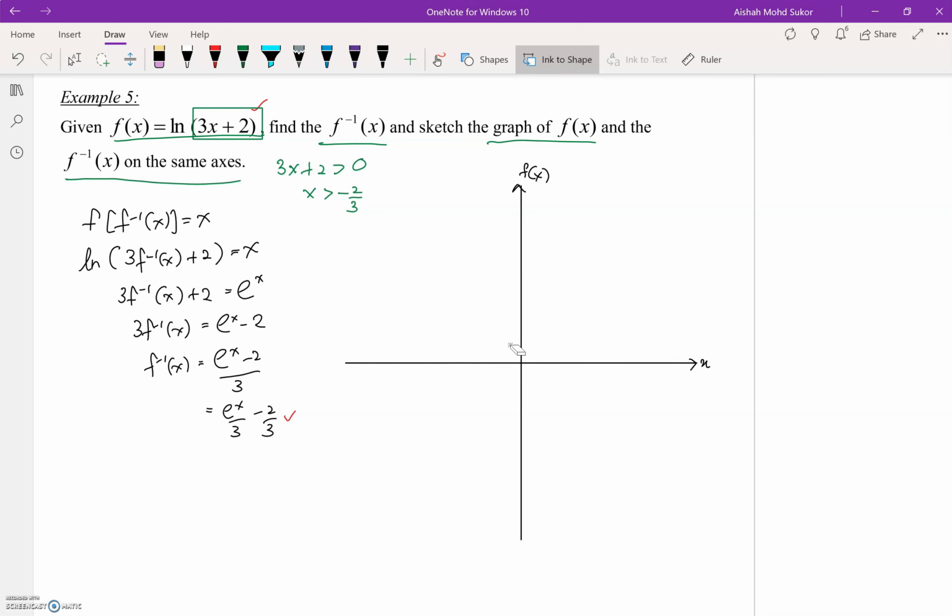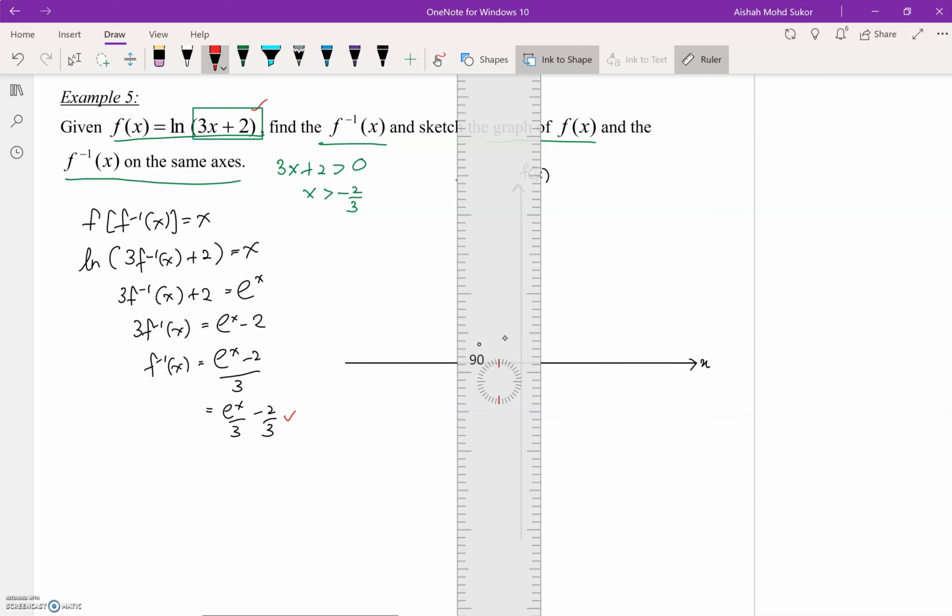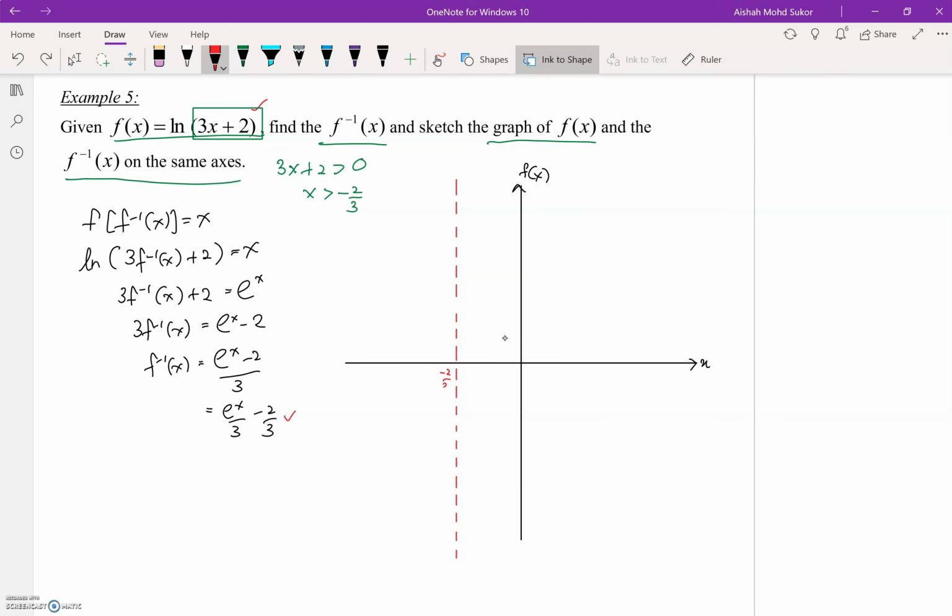Because of that, I know that there will be a vertical asymptote at x equals -2 over 3. By looking at the function, this is basically a positive ln and a positive x. So the basic shape of the graph will look like this, ln x.